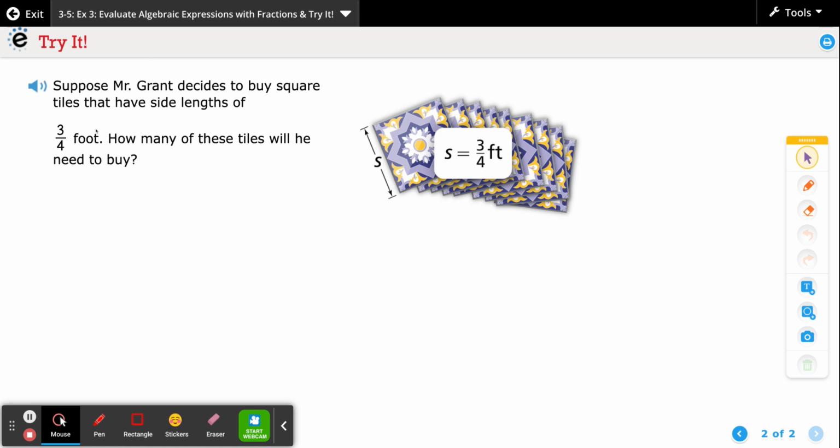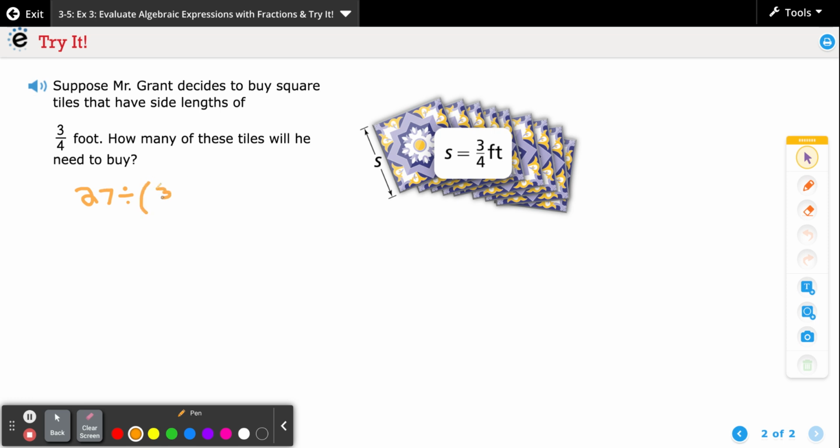All right. I'm going to assume we're still dealing with the 27 square feet of the whole floor. So we're going to take 27 square feet, and this time we're going to divide it by the area of each tile, which in this case is 3/4 squared, right?